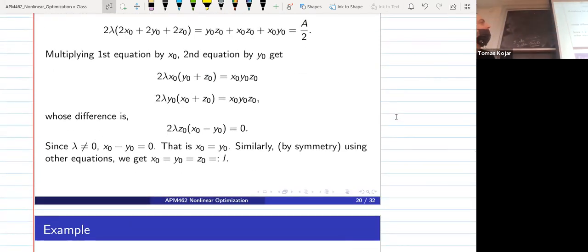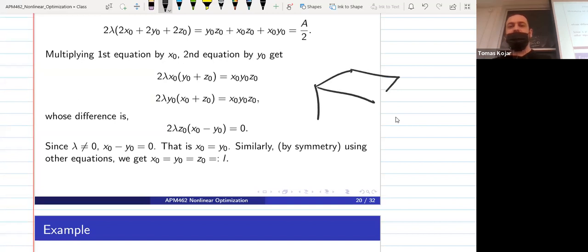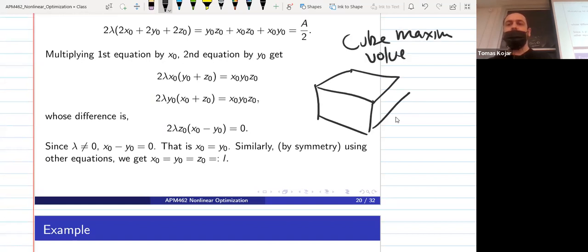So you get this, and now let me get you the length. Again, it says that the best one is just the cube. So the cube maximizes volume for a given area.